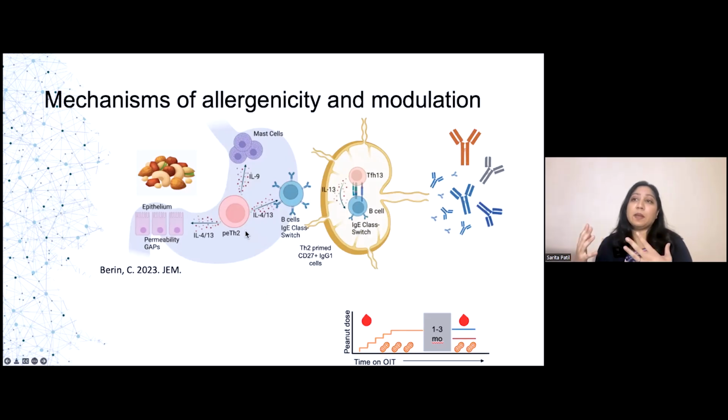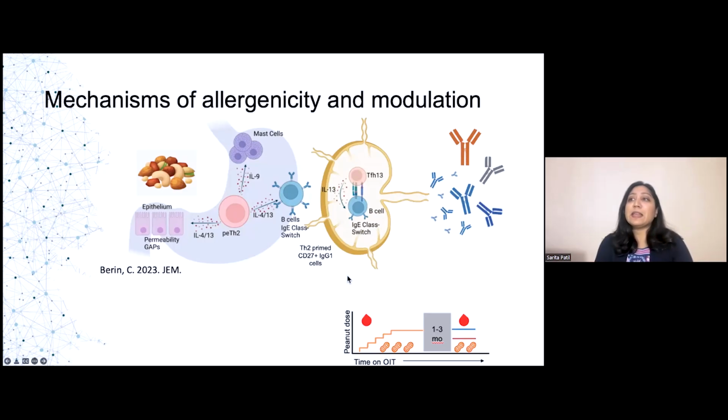We think that in patients who have a predisposition to seeing these allergens, they have pathogenic T cells that will then present these allergens in addition to pro-Th2 cytokines like IL-4 and IL-13 that can then drive the switching of memory IgG1 cells that are Th2 primed, meaning they have upregulation of the IL-4 receptor, for example.